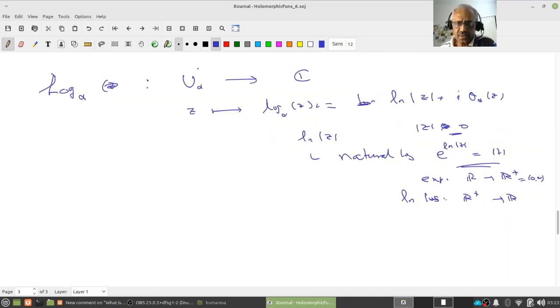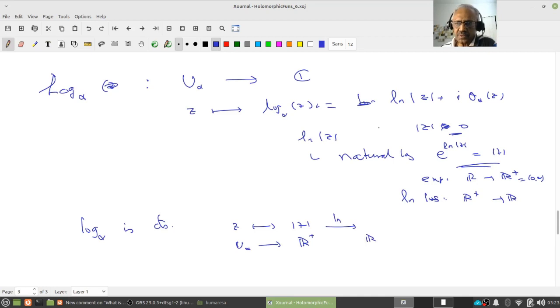Now notice that log alpha is continuous. Why is it continuous? Because z going to mod z, from U alpha, which is in C, to R plus, is continuous, and then ln to R is continuous.